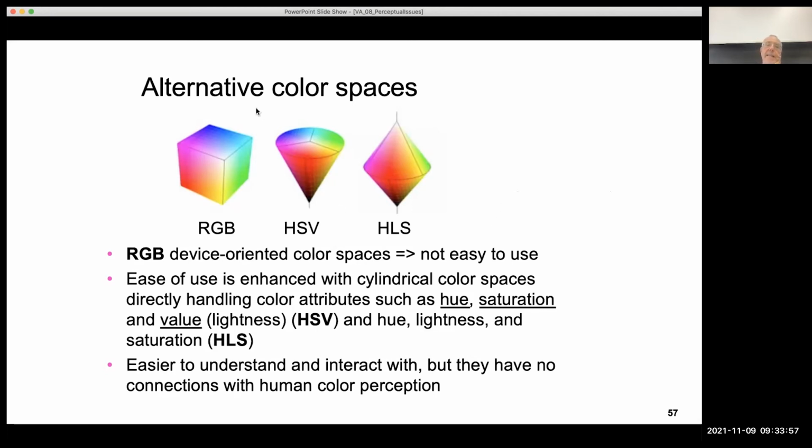So there are alternative color spaces. I will not stress it too much, but just to show you that other spaces exist. Here we are using the primaries. Here instead, we are using the hue. You can see the hue on this circle: green, red, blue, and yellow. So moving the angle here represents the hue.